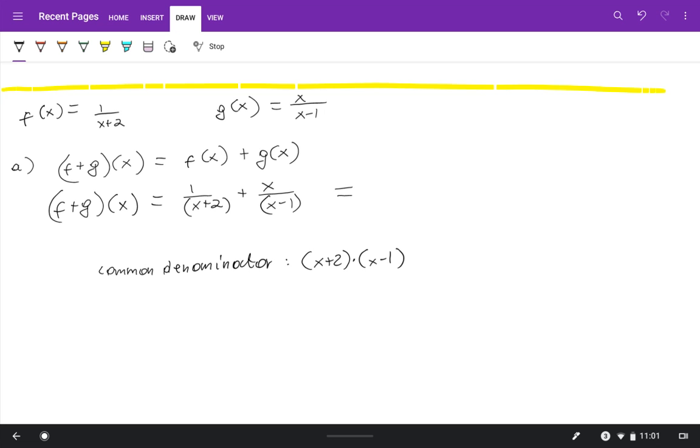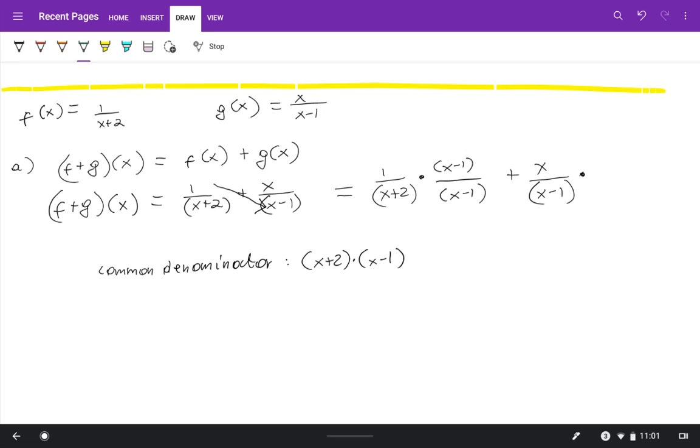So what I'm doing now, I'm building equivalent fractions having a denominator x plus 2 times x minus 1. So my original fraction, which is 1 over x plus 2, to build that common denominator, I multiply top and bottom by the denominator of the second fraction, which is x minus 1, plus I'm taking the second fraction, which was x over x minus 1, and I need to build that common denominator.